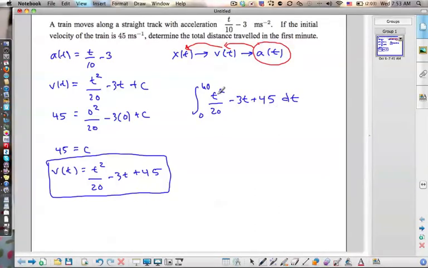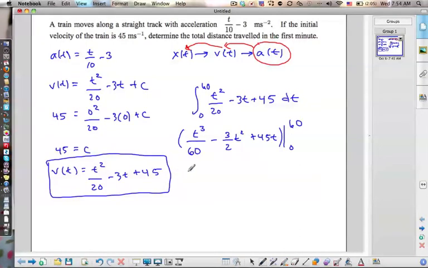So this will be t cubed, and if I bring down that 3, I still need a 20, so that should be 60, minus 3 over 2 t squared plus 45t, from 0 to 60.